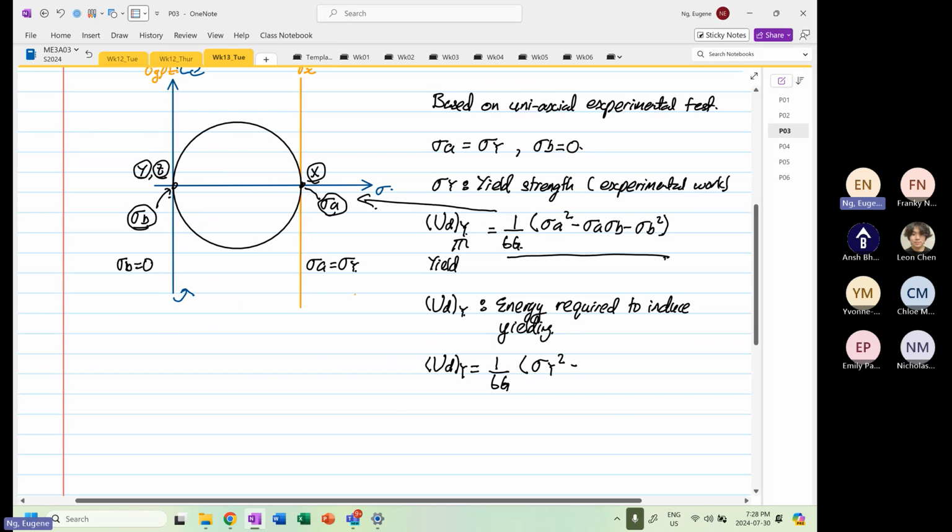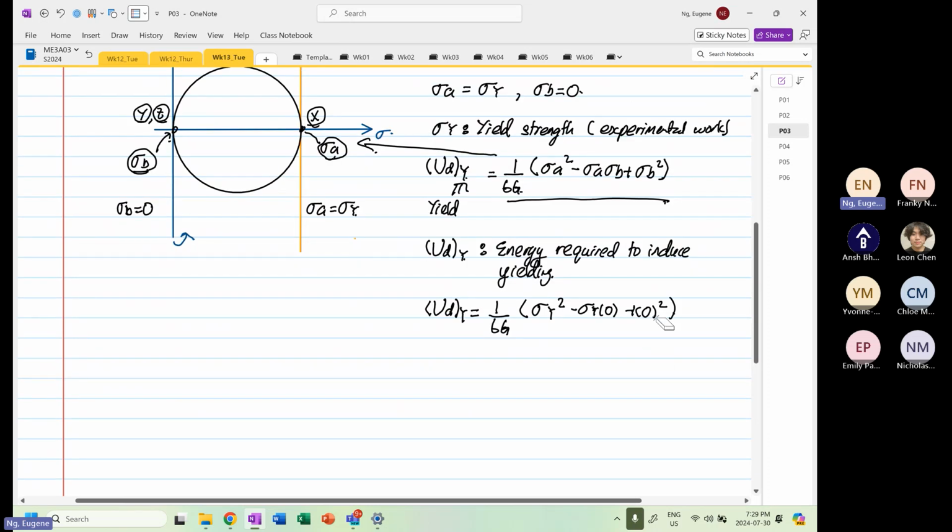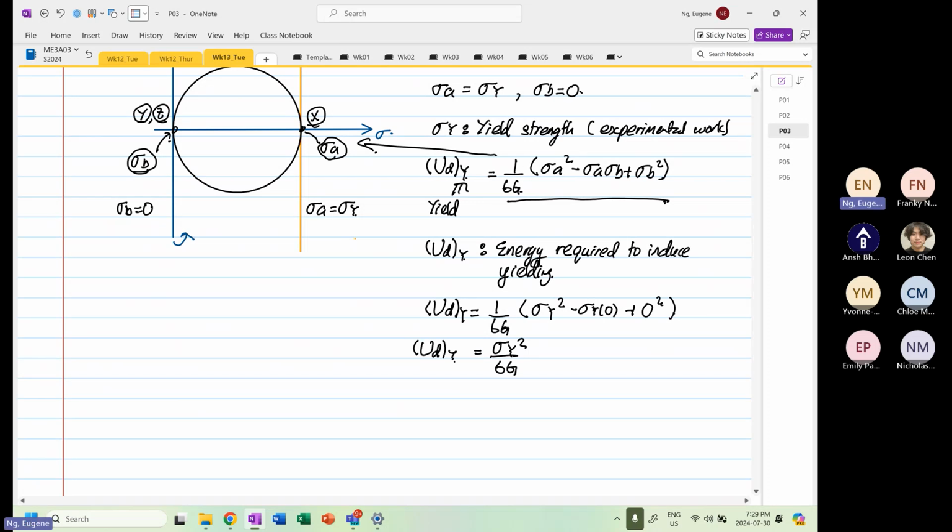And that's it, because the rest are equal to 0. Sorry, this last term is a plus. So this will be equal to stress U squared divided by 6G. And this is our distortion energy due to yield from experiment.